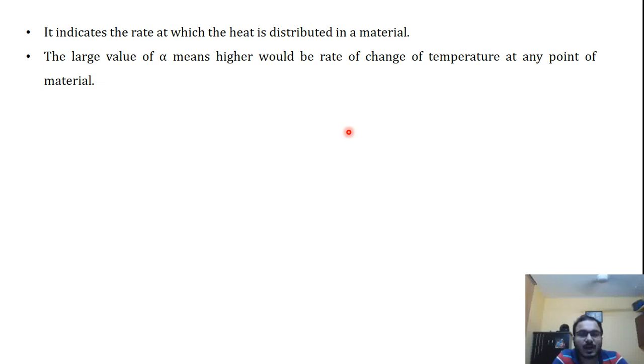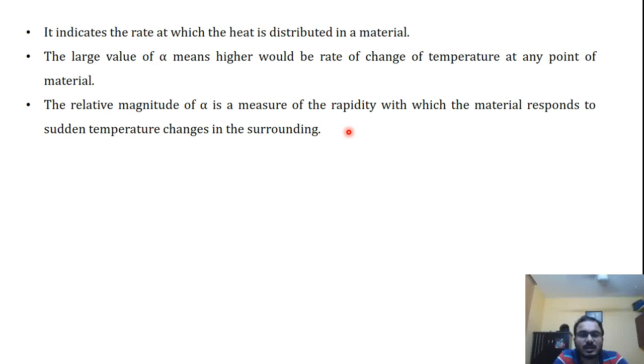The large value of alpha means the rate of change of temperature at any point of material. Now the relative magnitude of alpha is the measure of rapidity with which the material responds to the sudden temperature of surrounding.